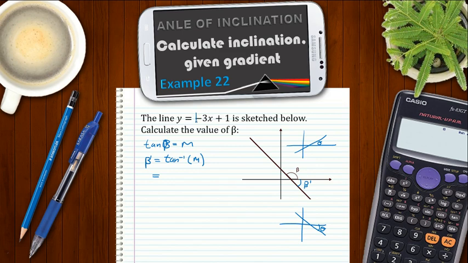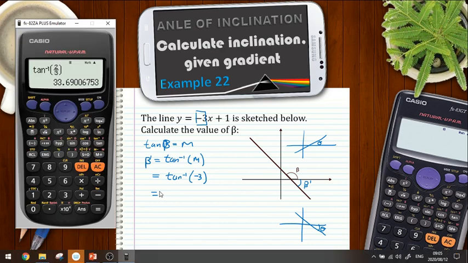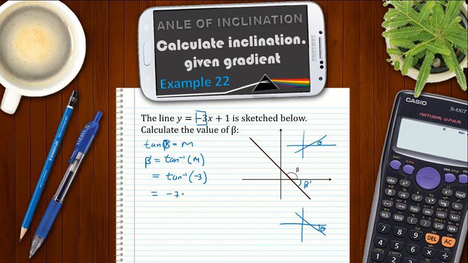So we know our gradient is negative 3. So tan minus 1 of negative 3, and putting that into the calculator, shift tan of negative 3 gives me negative 71,57. So negative 71,57, and that's what I was referring to when you get a negative value.